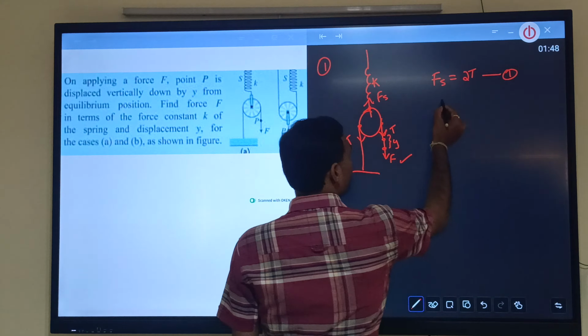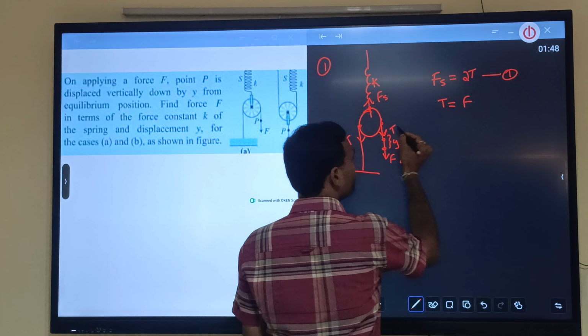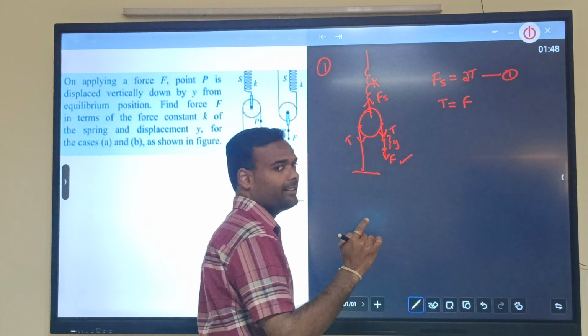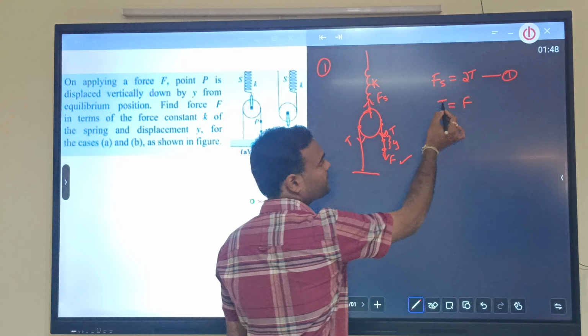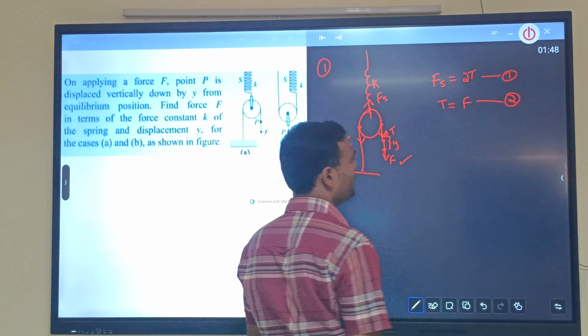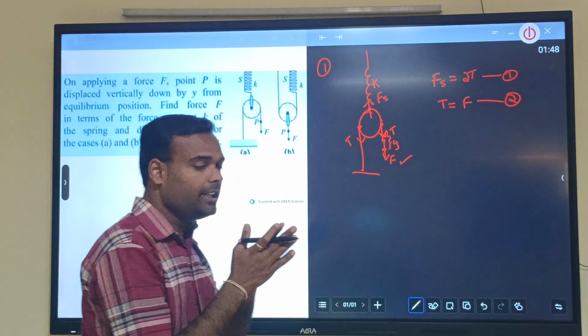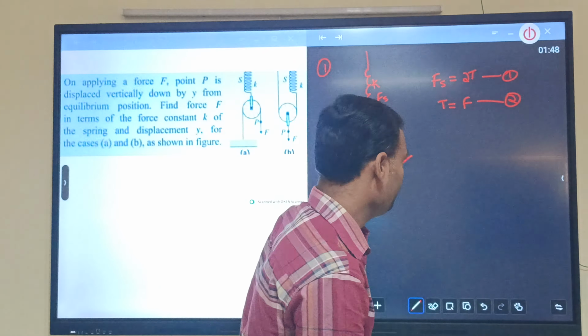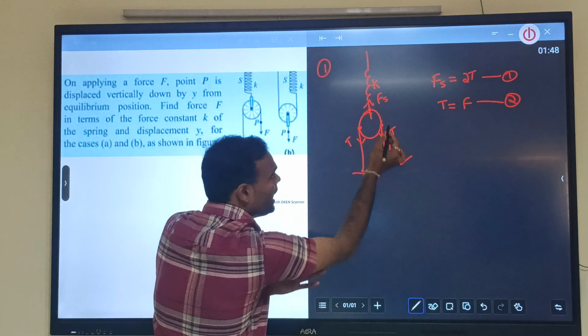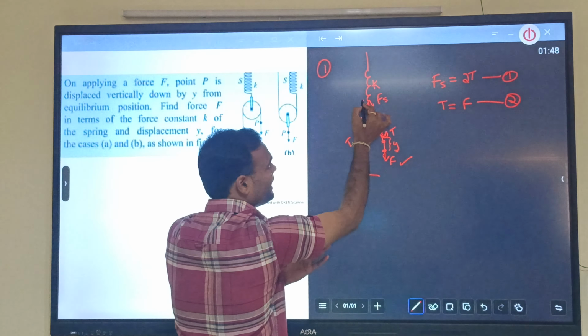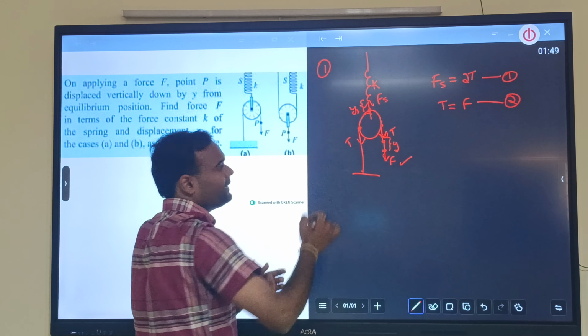So T equals the applied force, that means this tension equals F. Let it be equation number two. And the third and most important point is, if it is displaced by y in the downward direction, obviously the spring will extend by some displacement s.